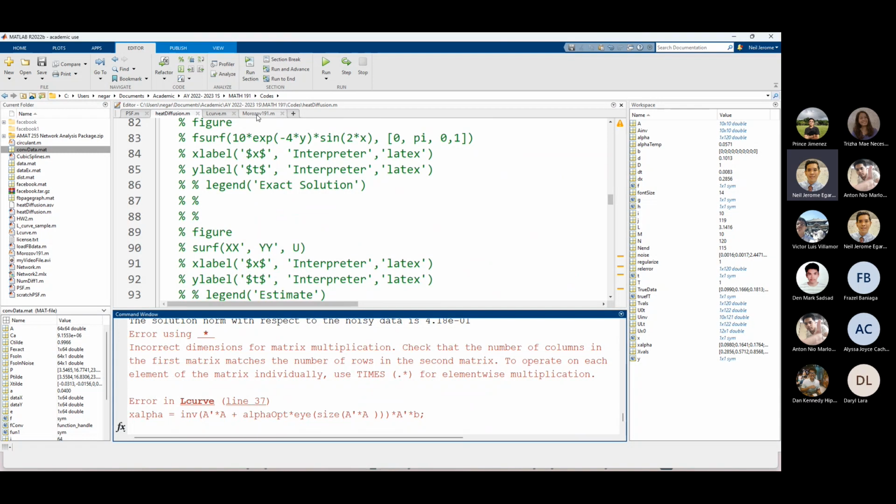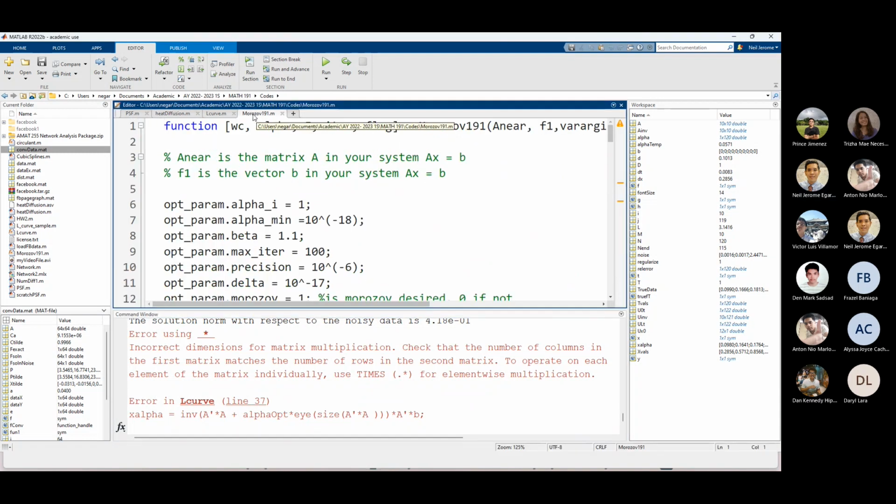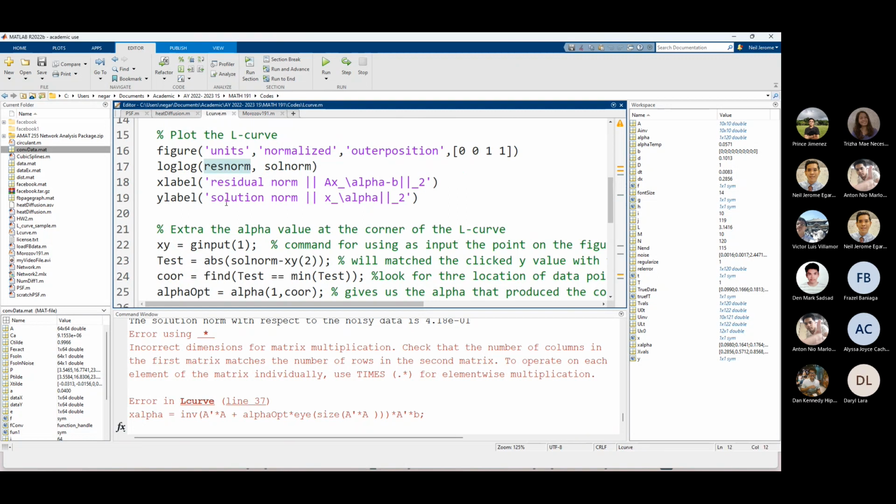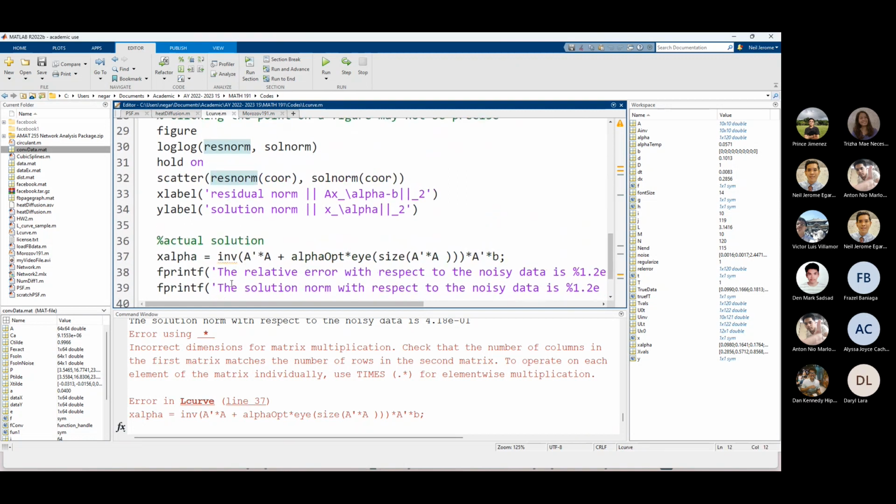Ba't siya nagreklamo sa line 37? Size ng A transpose times A, transpose times B. Oh, I don't know what happened there. Nagreklamo siya dun sa second run, pero kanina hindi naman. Pero sige, I'll double check this once again. Pero kanina dire-diretso ka siya nagamit.